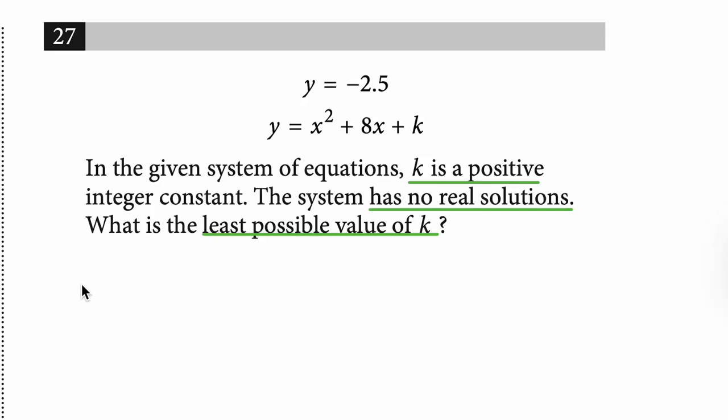Theoretically, when the system of equations has no real solutions, that means D is less than 0, right? Now, if I see these two equations, because this is equal to y and this is also equal to y, I can write this equation as x² + 8x + k = -2.5, adding 2.5 on both sides.